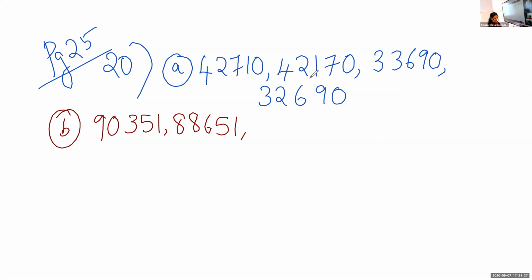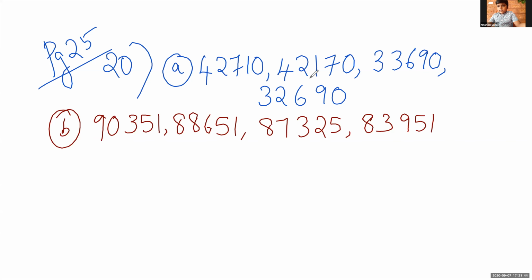Okay. Then 87,325. Then 83,951. Okay, children. Do question number C and D faster, alone.